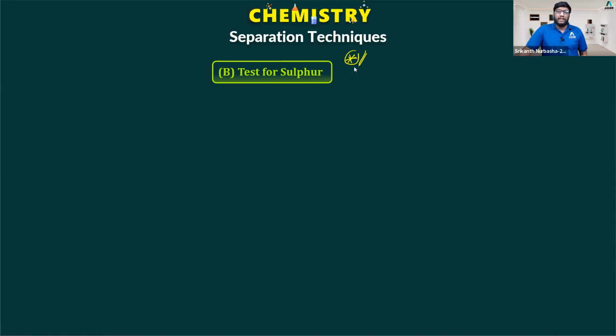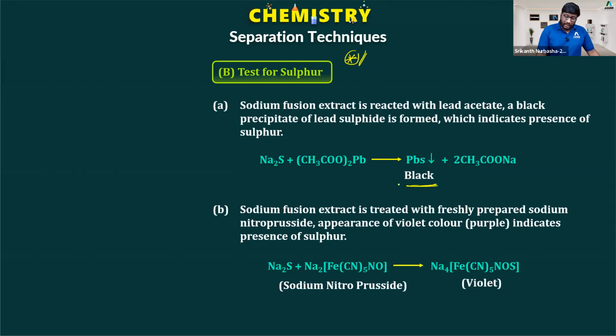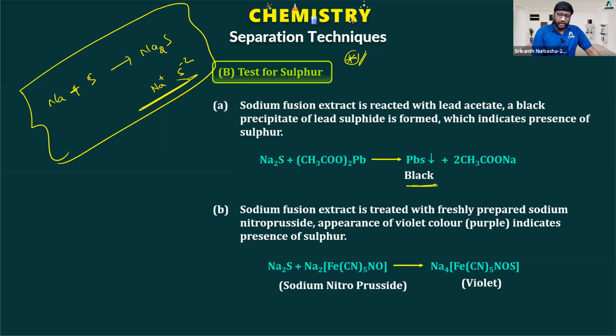If you treat Na2S with lead acetate, you will get PbS. Lead sulfide will have what color? Lead sulfide will be black in color. In the sodium fusion extract, because we have sodium and sulfur is there in the organic compound, we get Na2S. Na2S will have Na+ ions and S2- ions. Again, the sulfur in covalent bonding has been taken out as sulfide ions.